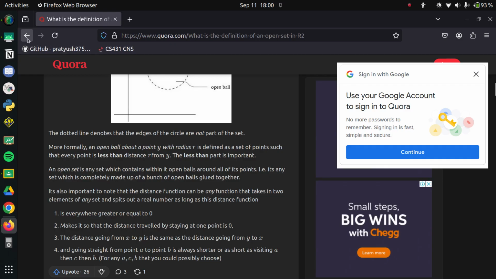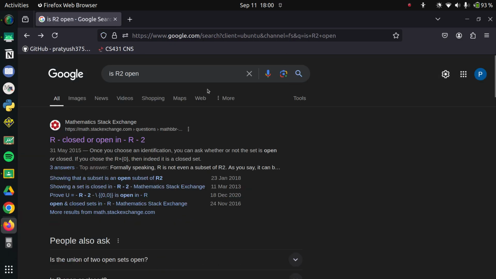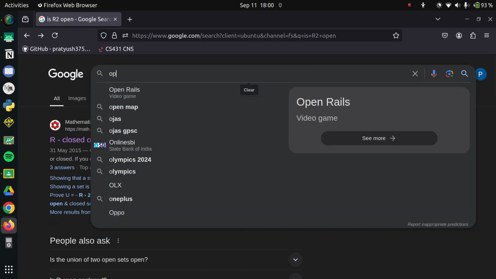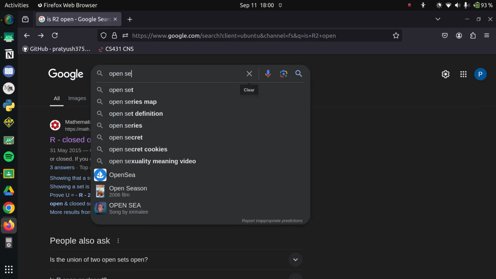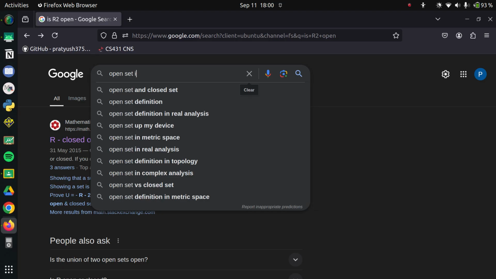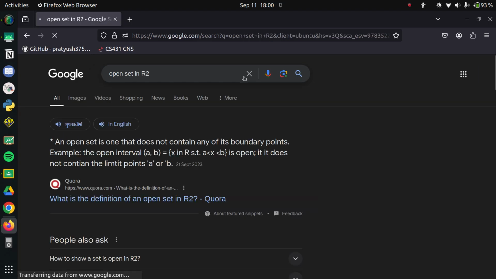No, wait, actually just search up a definition, and that will tell me everything. So open set, open set in R2 does not contain any of its boundary points, but there is no boundary if it's going to infinity, infinity.